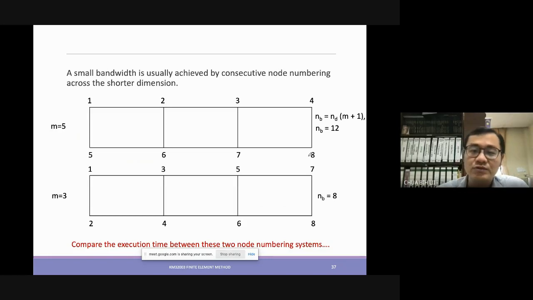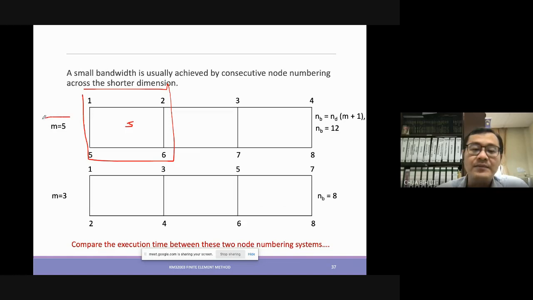Very easy to number. But then in this particular mesh itself, okay? Particular mesh, this is maybe Q4, right? So in this particular element itself, you can see that the maximum difference in numbering is 5 minus 2, which is only 3, but 6 minus 1 is 5.